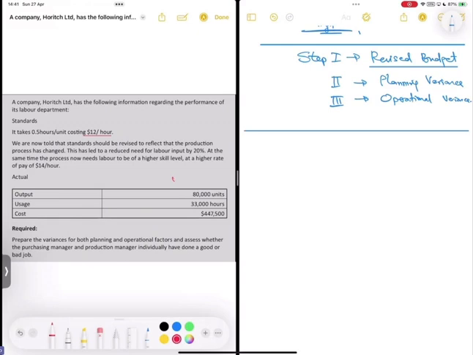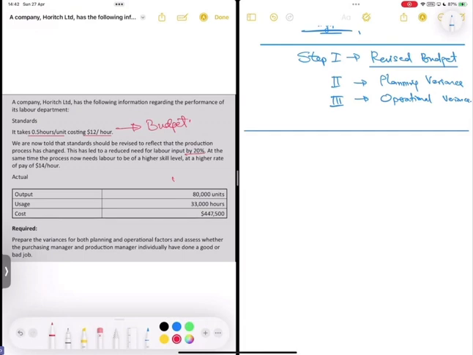What we planned, our plan was that it's going to take 0.5 hours per unit. That was the budget. So what we have here is actually the old budget, beginning of the year. But we're told now that we won't be needing 0.5 hours to produce one unit because there's a reduction of 20%. So we're only going to need 80% of that plan, which is 0.4.